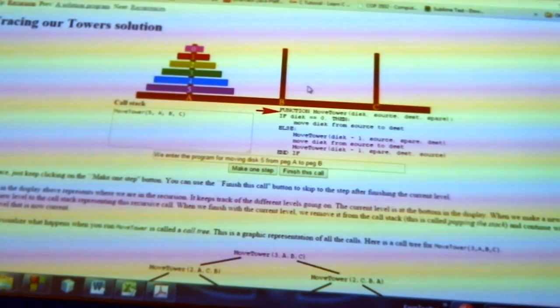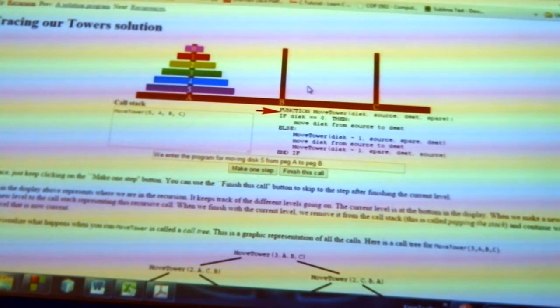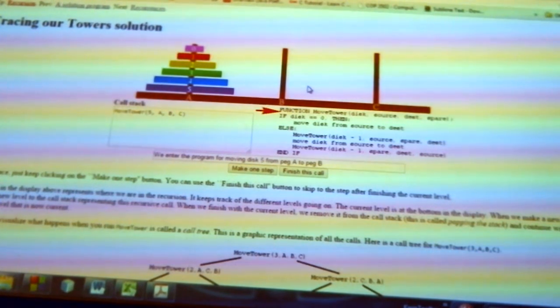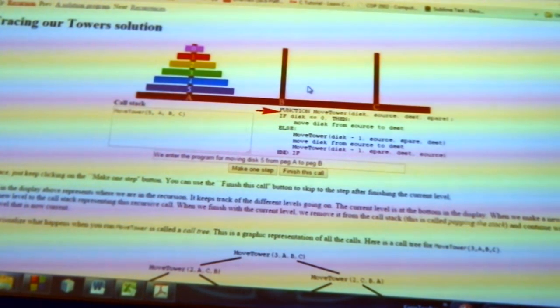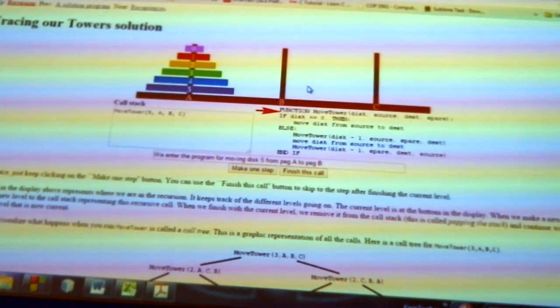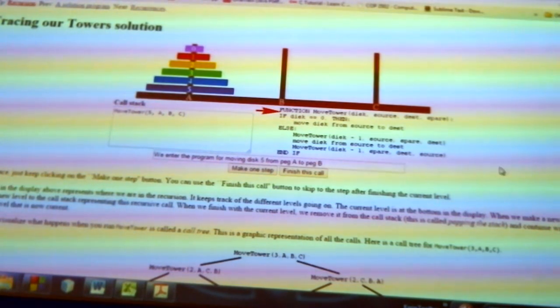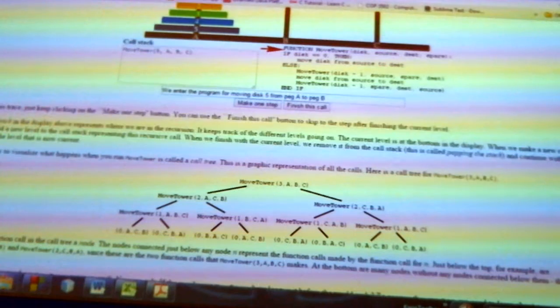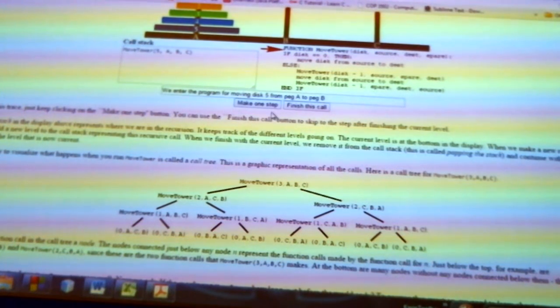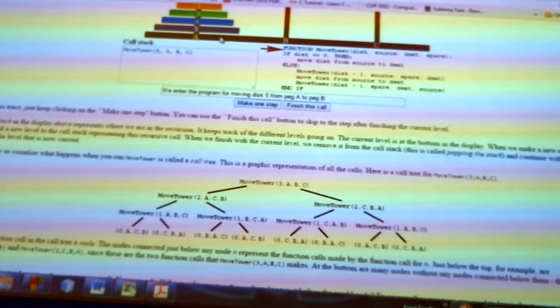Okay, so the great thing about this reference is that we literally trace the solution step by step, and you can see how it functions. You can also look at the call tree down below, the visual representation of how each one of these happens. No, it doesn't go all the way up to the value of 5, but you can get a good feel for how it functions.